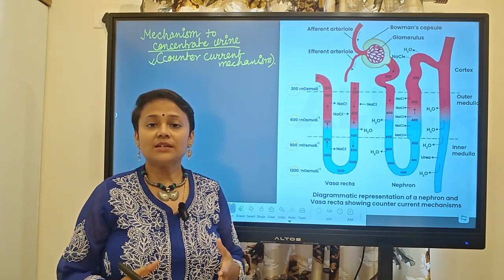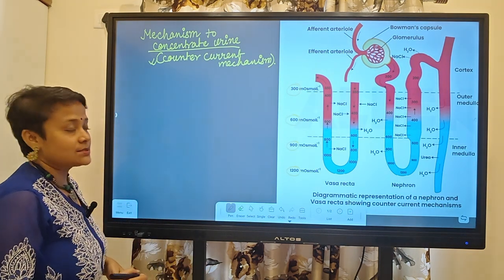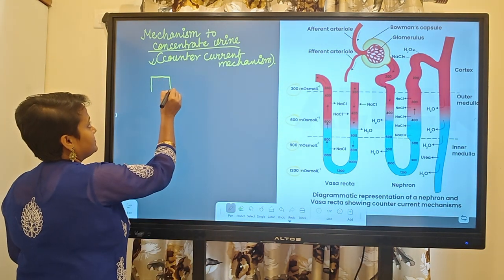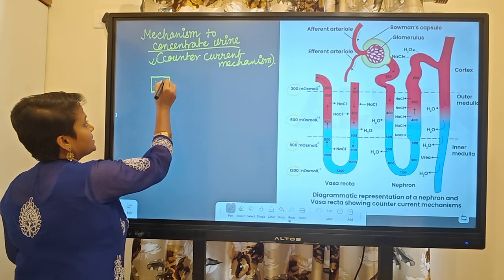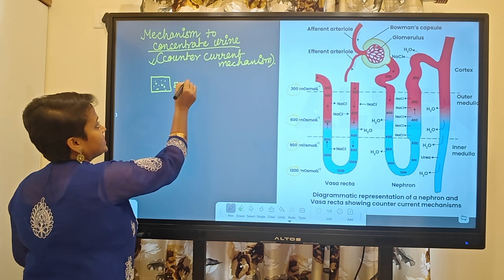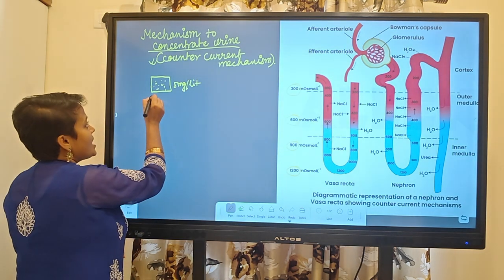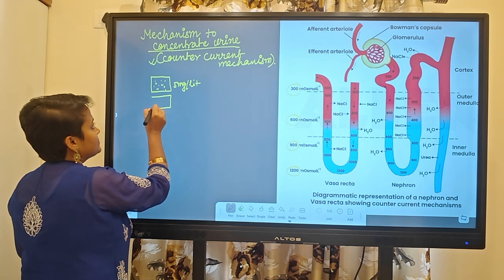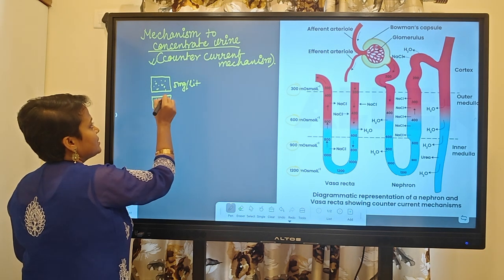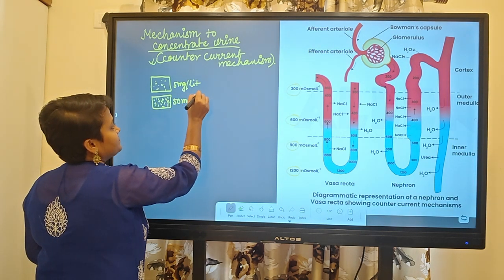So what is the effect of increasing osmolarity? Let's discuss. Suppose there is a chamber where the solute concentration is 5 mg per liter and outside it is water, and another chamber where the solute concentration is much higher, for example 50 mg per liter.